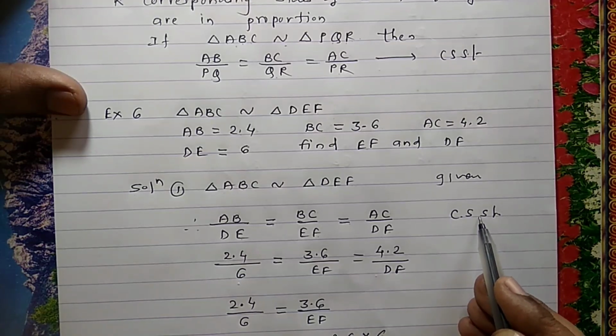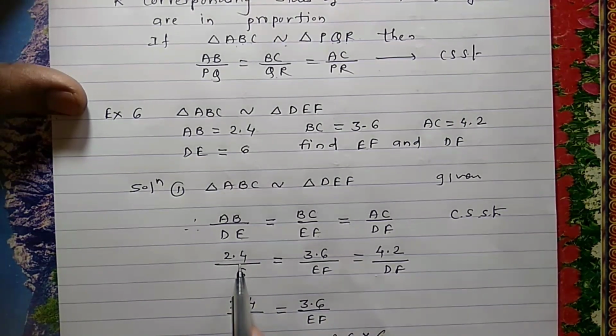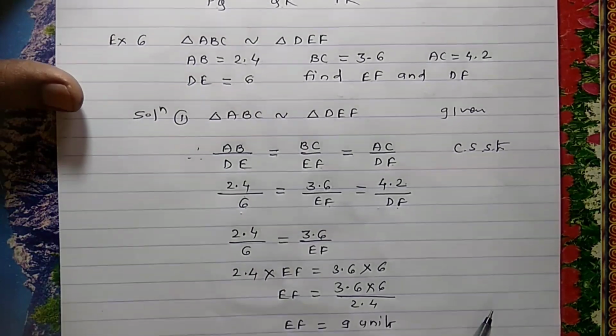Reason, corresponding sides of similar triangles are in proportion. Substituting value, what I will get? AB is 2.4, DE is 6, BC is 3.6, EF I have to find out, AC is 4.2, DF I have to find out. So first I will consider these two ratios to find EF.